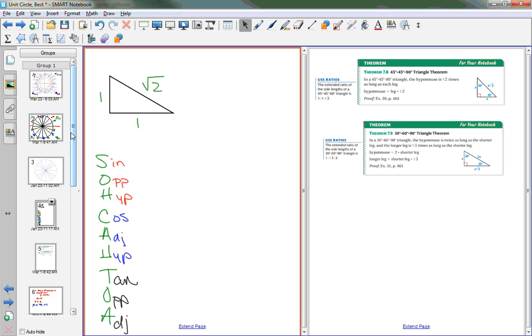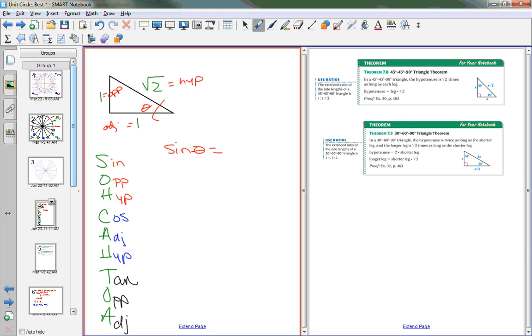So, if I'm looking at this, I'm going to put an angle right here. This is going to be theta. If I want the sine of theta, it is going to be your opposite over your lovely hypotenuse. This would be your adjacent. Do we understand that?